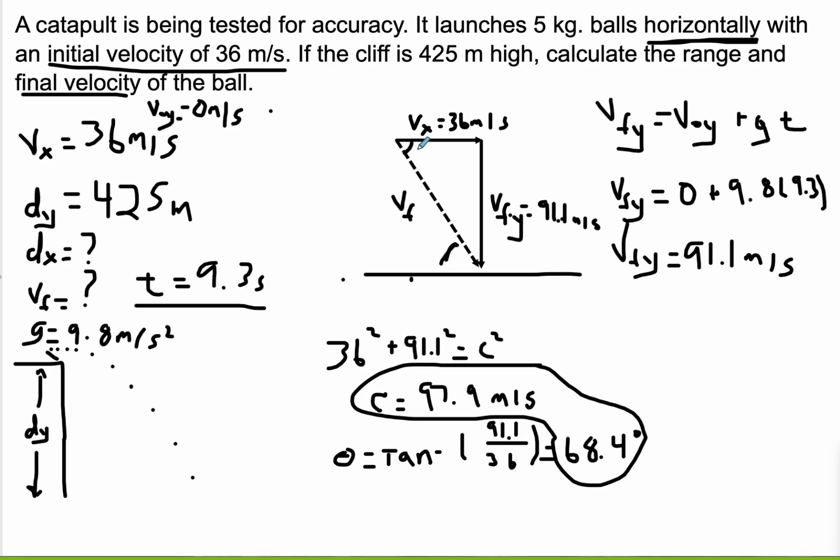The reason that I always pick this angle for projectiles is because I don't know if you remember from geometry class, if I have two parallel lines and I bisect them with a line, the angles that are opposite on that line are the same. So this angle is the same as this angle, and it's hitting at 68.4 degrees with respect to the ground, if that makes sense.